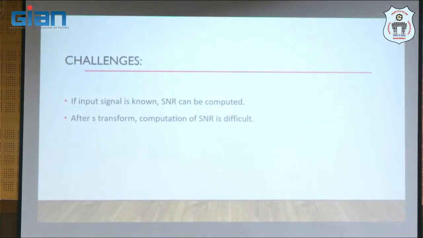What are the challenges? If the input signal is known, like if we take an LFM signal and add noise to it, then we can compute the input SNR. But if we practically receive a signal, we cannot compute SNR because noise and signal are combined. That is a challenge of this topic.